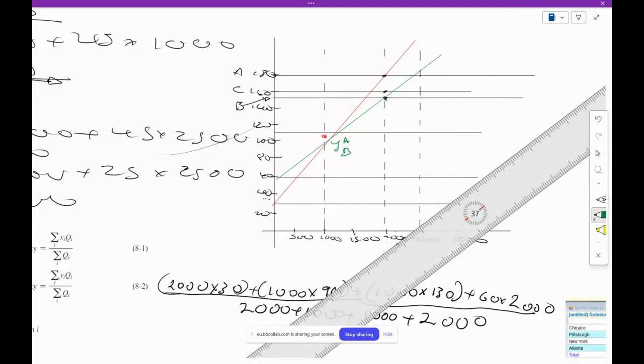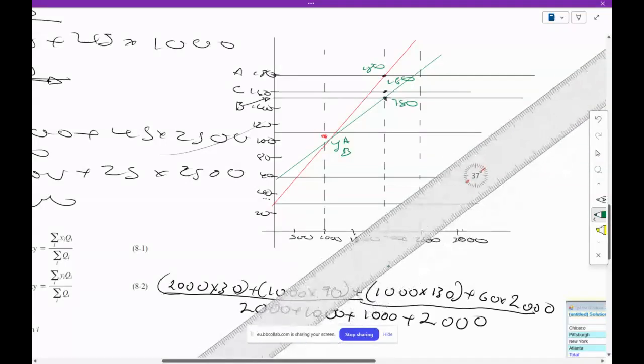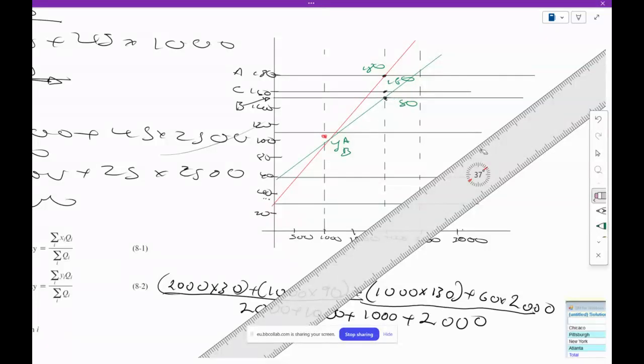As you know, at 2000 we have the 180, the 160, and the 150. Never mind that 7-looking number there. It's 150, not 750.